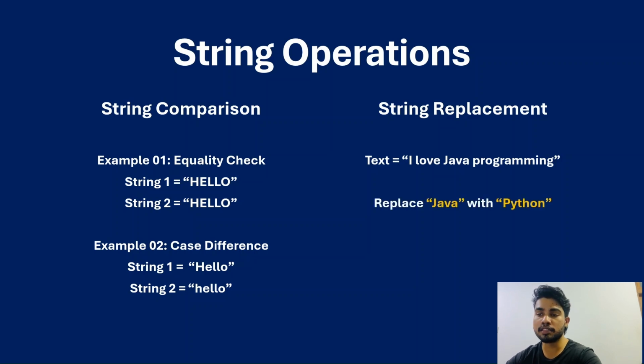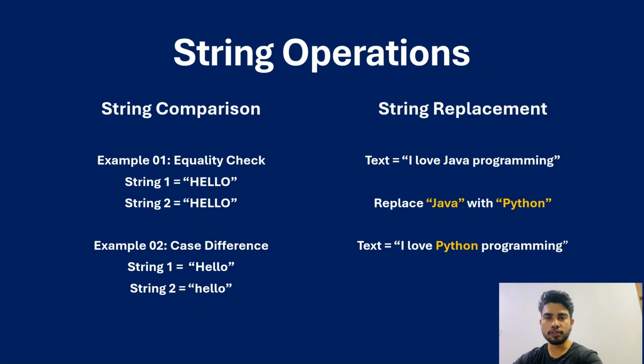I'll replace Java with Python, so the result becomes "I love Python programming". Here, one word is replaced while the rest of the text remains the same. String replacement is commonly used in text editors to find and replace, autocorrection systems, data cleaning, and formatting text.